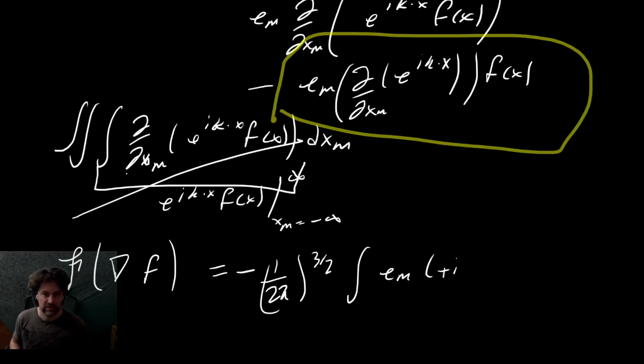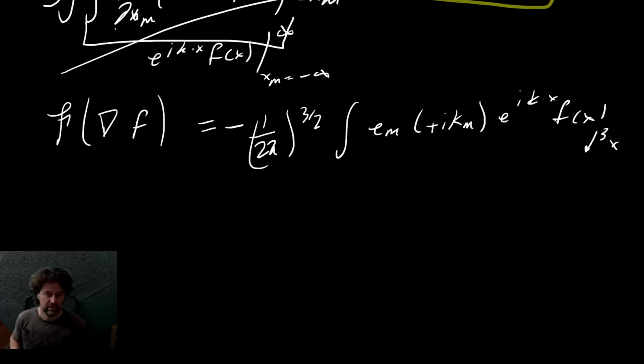The minus was already accounted for. We had a minus here. I pulled it out. So we now have plus ik_m e to the i k dot x f of x d3x. Which is minus ik f hat of k.